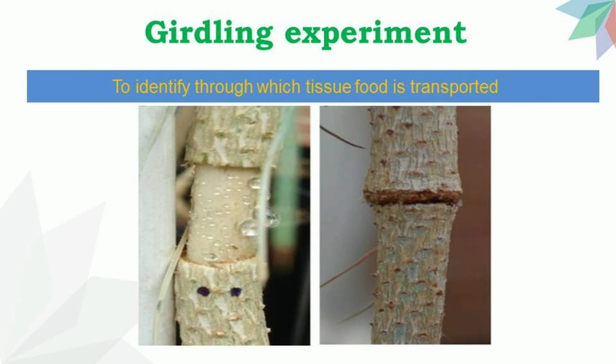This is because of phloem. The phloem tissue is responsible for the translocation of food and the transport takes place in one direction towards the roots. This experiment can be performed very easily.